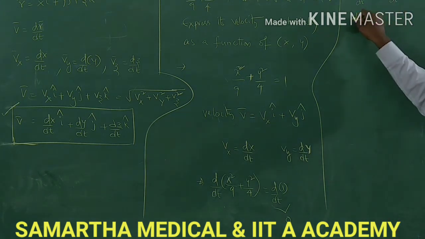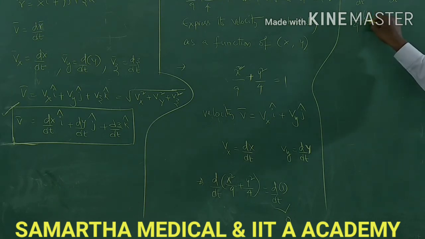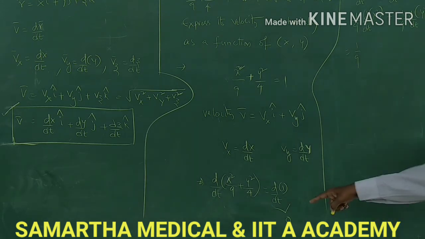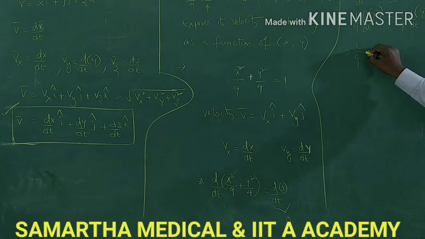So d by dt of x square by 9 plus d by dt of y square by 4. Now 1 by 9 is a constant, so you write it outside: 1 by 9 into d by dt of x square, plus 1 by 4 into d by dt of y square, equal to 0. 1 by 9 into d by dt of x square means 2x into dx by dt, plus 1 by 4 into 2y into dy by dt, equal to 0.